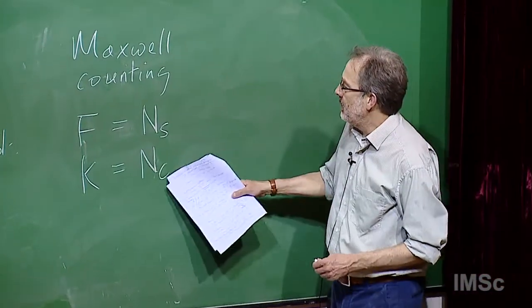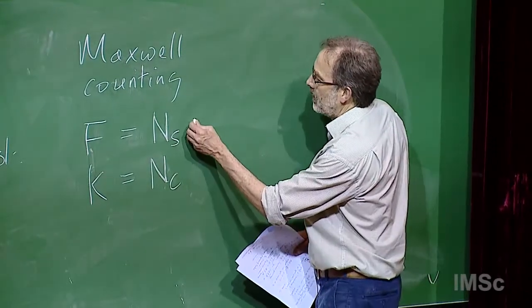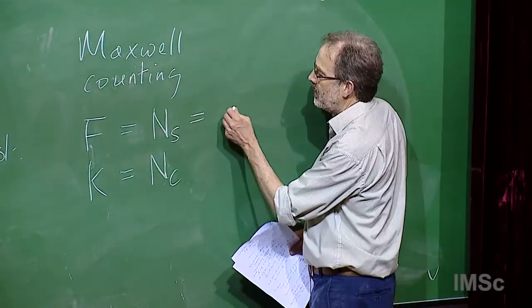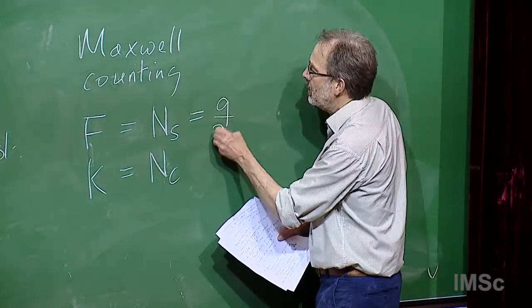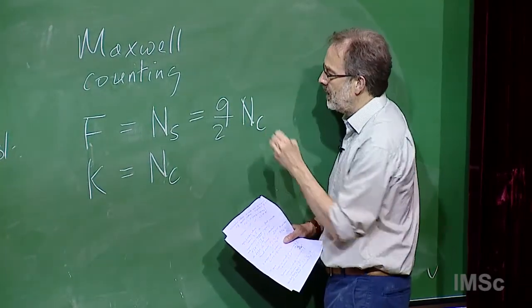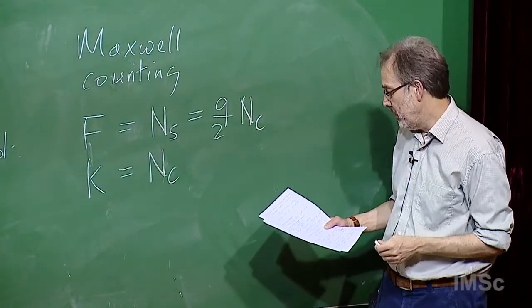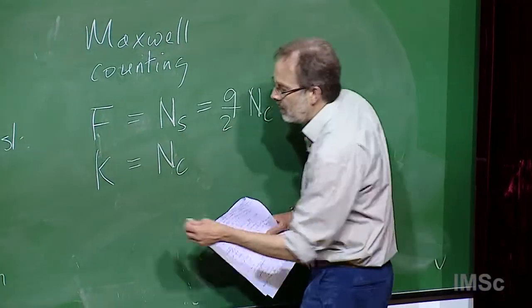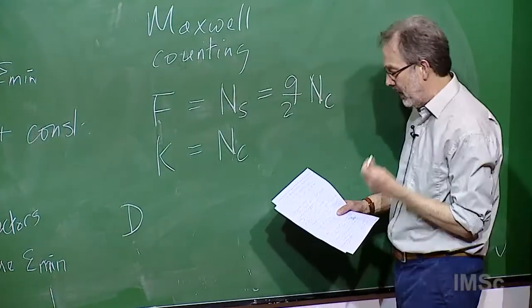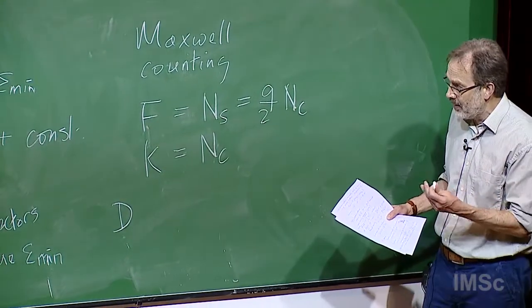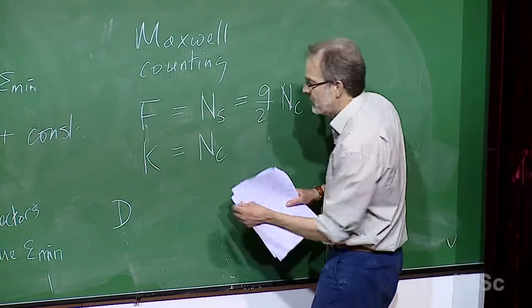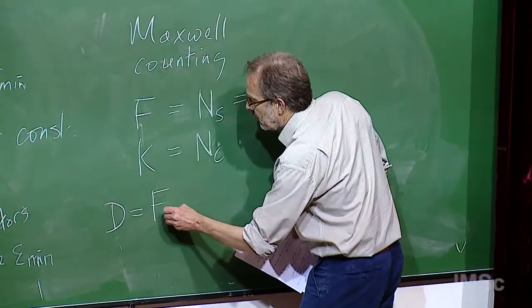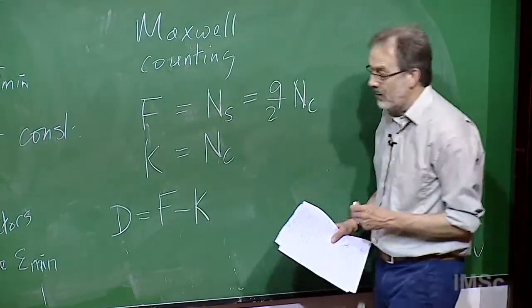Okay, and then, as I said this morning, in these lattices the number of spins is Q over 2 times the number of clusters. So the degrees of freedom in the ground state, which is the number of eigenvectors belonging to this minimum eigenvalue, is the number of degrees of freedom minus the number of constraints.